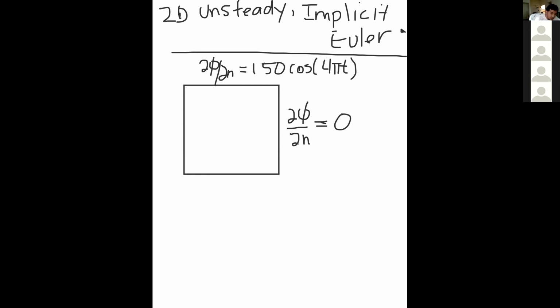And on the bottom side, we have d phi dn is equal to 150 sine of 4 pi t. And then on the left side, we have a Dirichlet condition, which I won't go over because we kind of do that already. So the question is, how do we handle these Neumann conditions here?